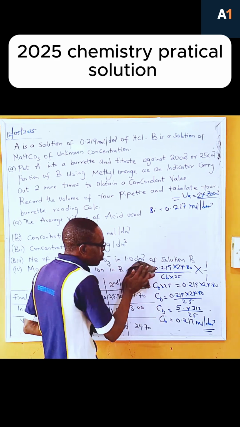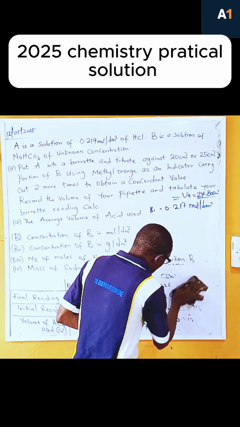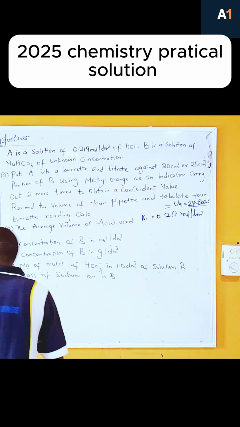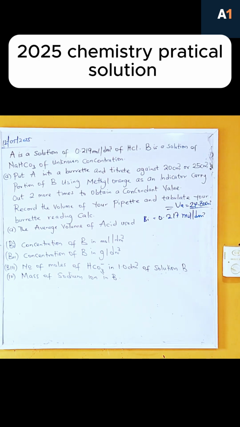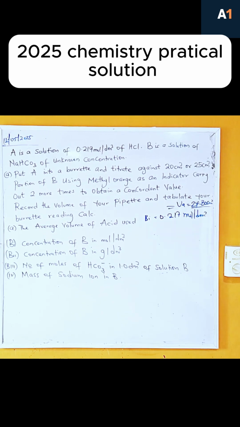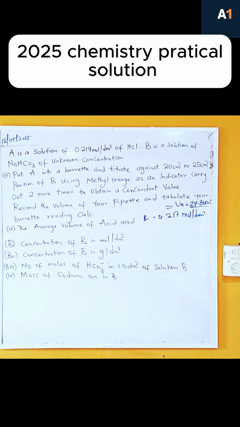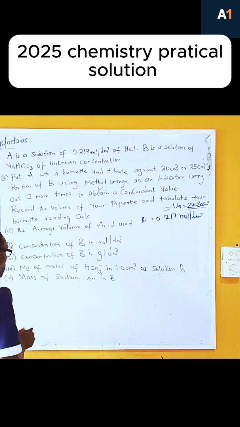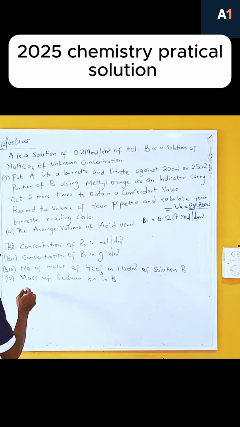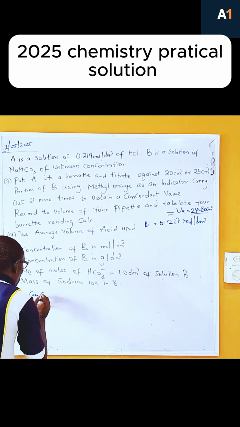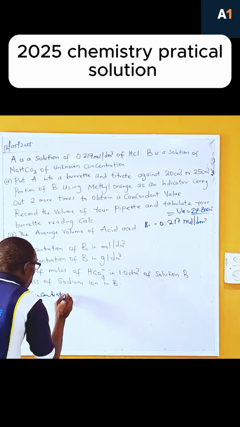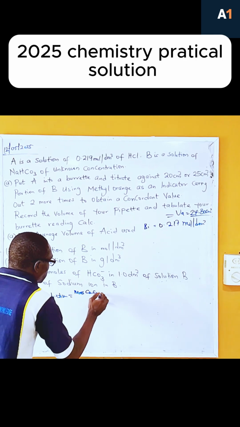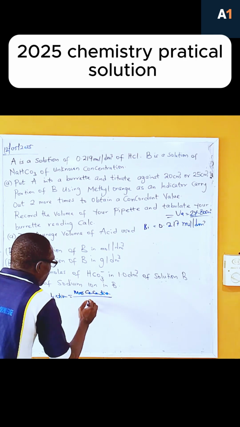So try to grab this before I clean, or you play over and over. Now from here we can then calculate. How do we calculate the second one? We all know that the concentration is equal to mass concentration over molar mass.